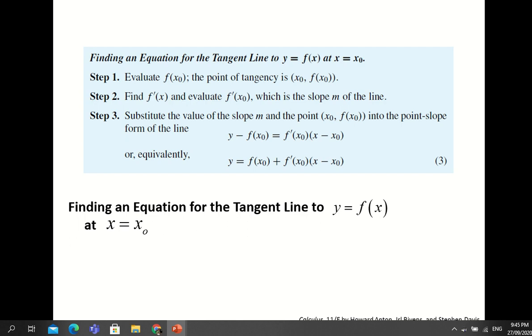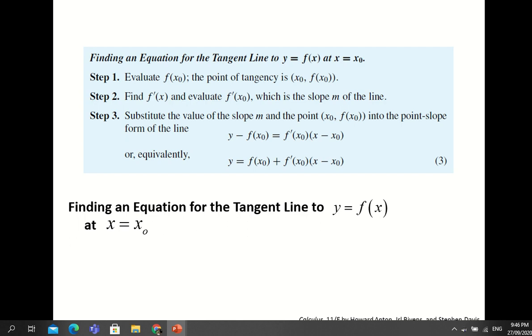It means that you have to find the value of the function at x equal to x sub 0. We call this the point of tangency, which has the coordinates x sub 0 and f of x sub 0.